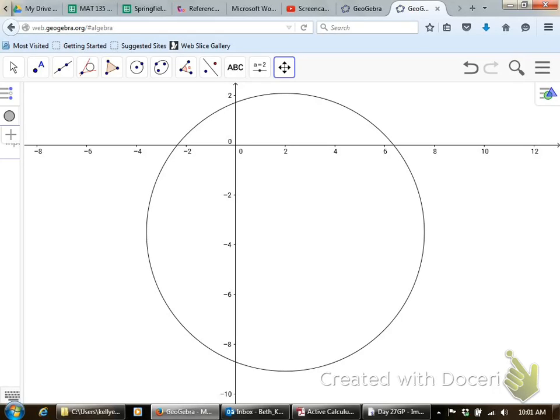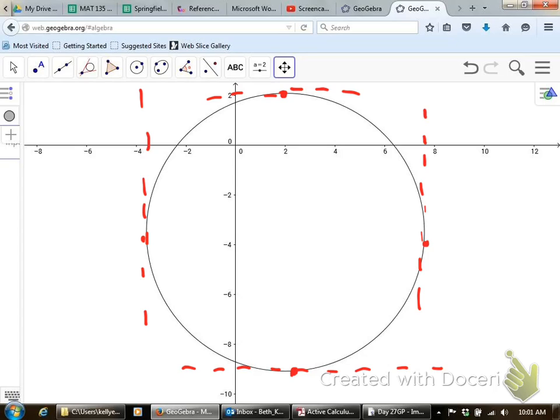We see that when x is 2, we're right here at the top or the bottom of the circle, and those are exactly when the tangent line is horizontal. So it might make sense that the tangent line is vertical at the left and right ends of the circle.